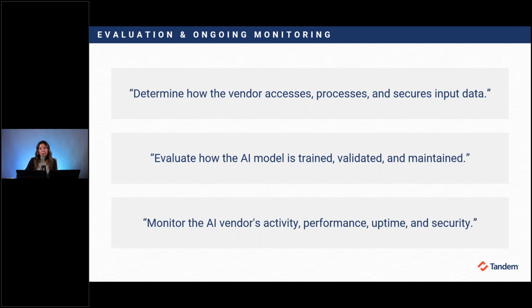Our next statement would be monitor performance, things like uptime, update cycles, and how security incidents are handled. It's important to treat AI tools like any other critical technology service. So do they offer service level agreements around uptime or performance? How often do they update the AI model or related software? What's their process for reporting and responding to incidents that affect confidentiality, integrity, and availability?